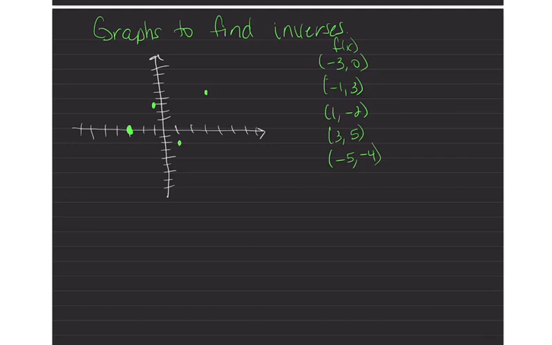Just to make things nice and spicy. Or no, sorry, not -5. Let's go +5. I apologize. Let's go +5, -4. 1, 2, 3, 4, 5. 1, 2, 3, 4. Just trying to change it up a little bit for you guys.